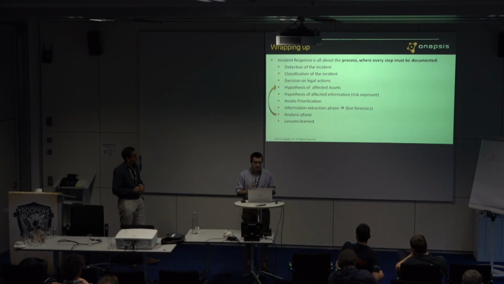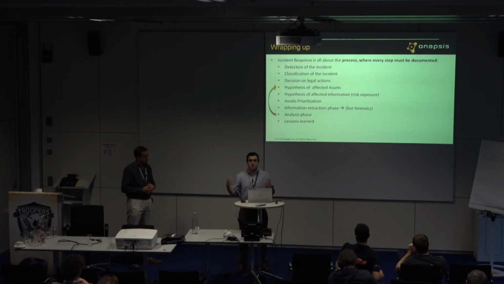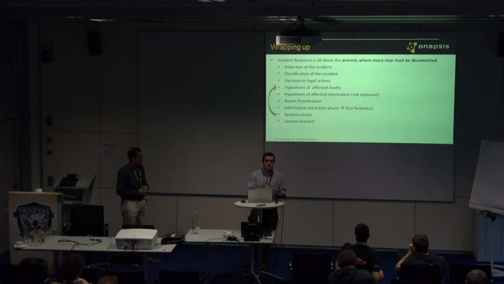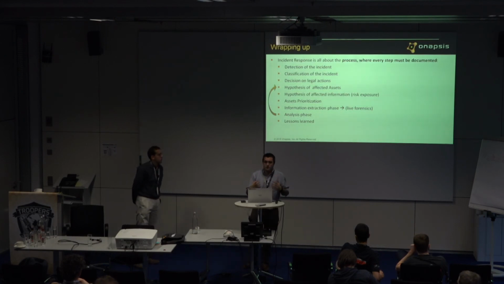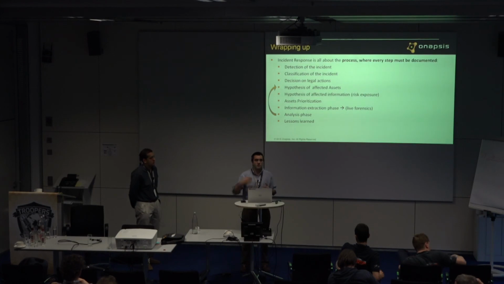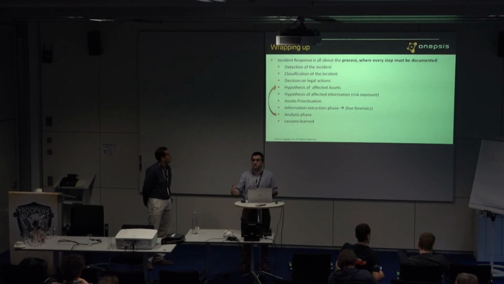And in the end, after all this has been carried out, we definitely need to know what we have learned as a company in terms of maybe new security standards, new procedures, new configurations. Having learned all this will avoid this kind of incident in the future.